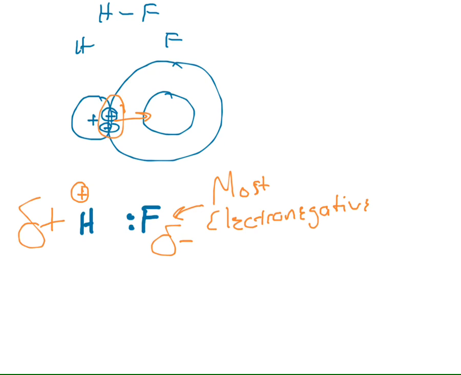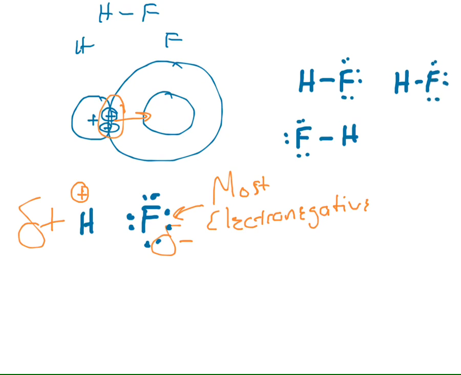Well, now, let's say I have a whole bunch of these HFs lying around. So let's say I have HF. I'm going to draw a bunch of HFs here. So we know the hydrogen end is really, really positive, right?